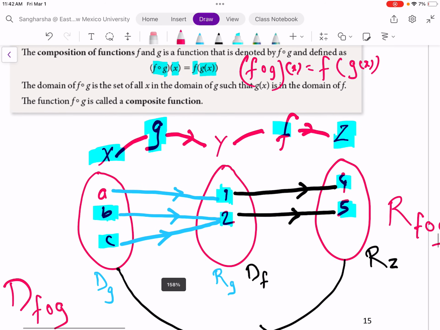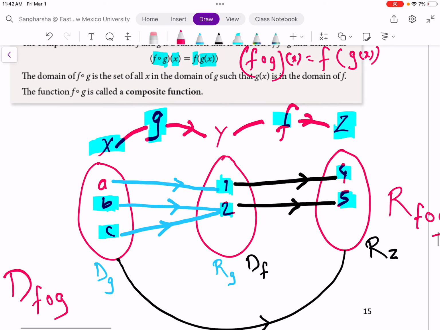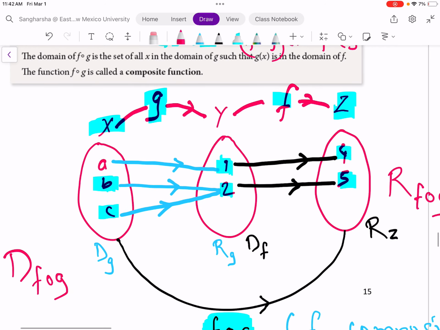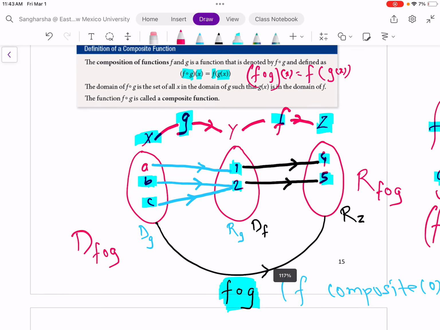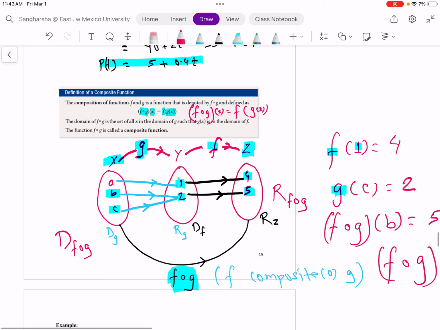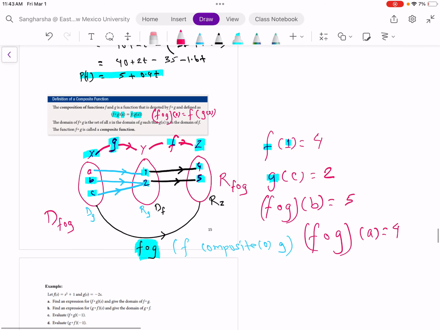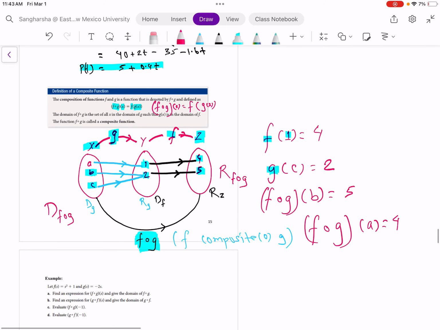One more thing here. If we compare the domain of g function and the domain of f composite g, what similarity do we have?